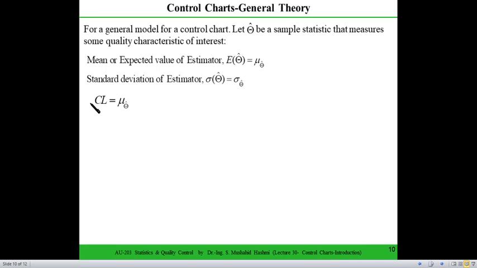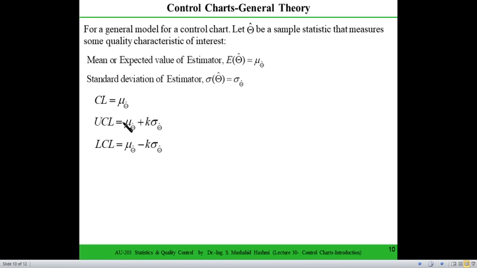CL is always used for the center line, and UCL for the upper control limit. So it is the mean value plus some k factor times the standard deviation of that sample estimator, and the lower control limit would be the mean value minus k times the standard deviation of that sample estimator.